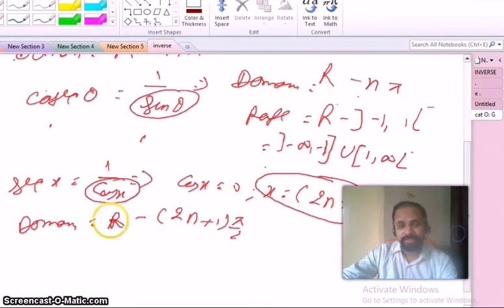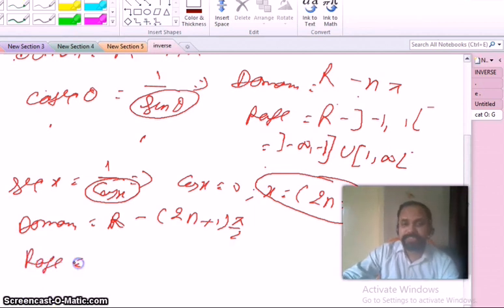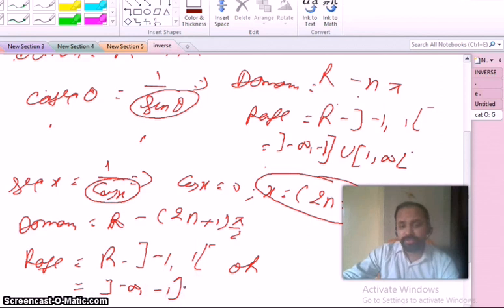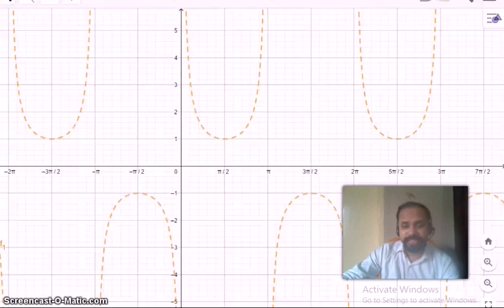And what about the range? The range is the same: all real values except minus 1 to 1, or you can write minus infinity to minus 1, closed interval, union 1 to infinity.